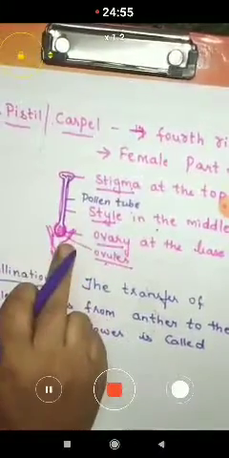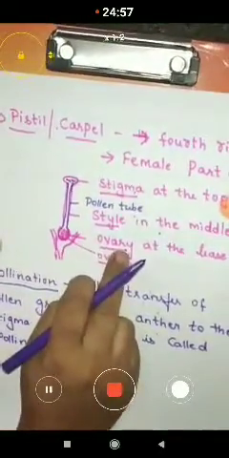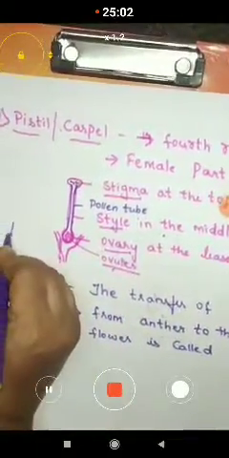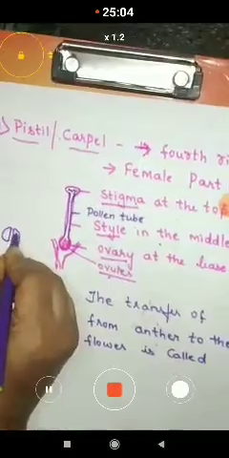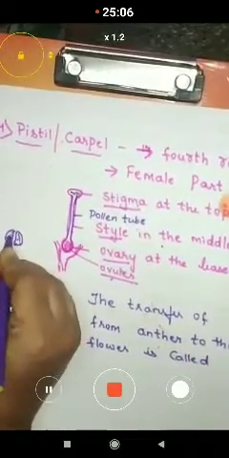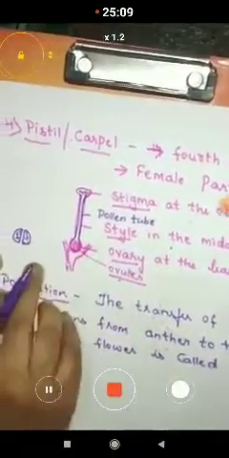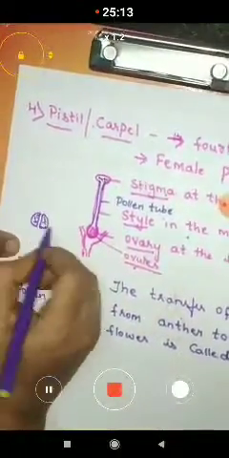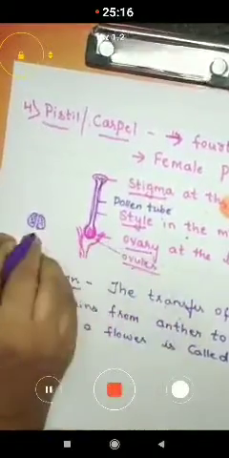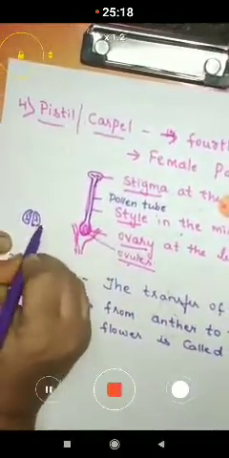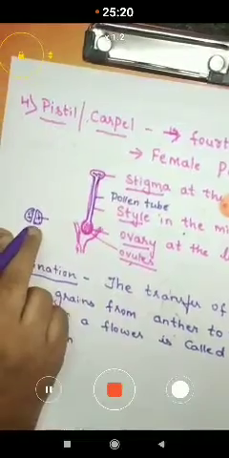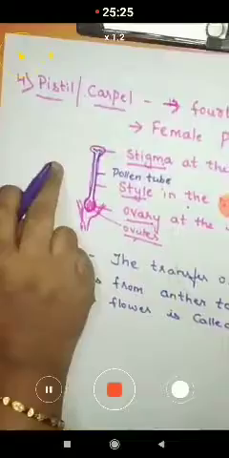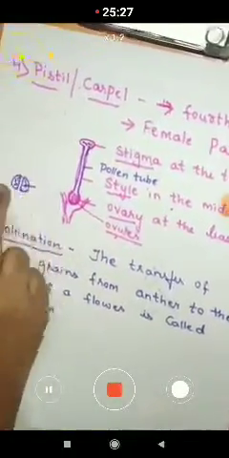The ovary, I told you, contains ovules. Here one of the pollen grains fuses with the ovules. Reproduction takes place when the male part and the female part fuse together.